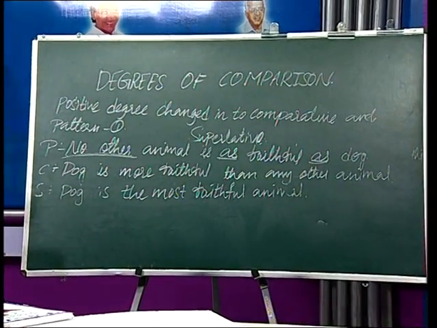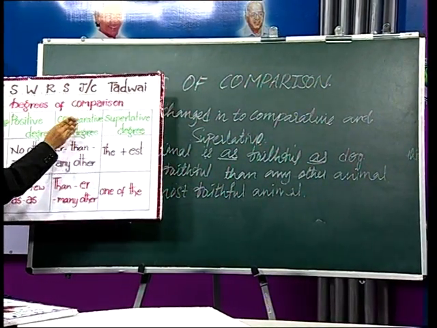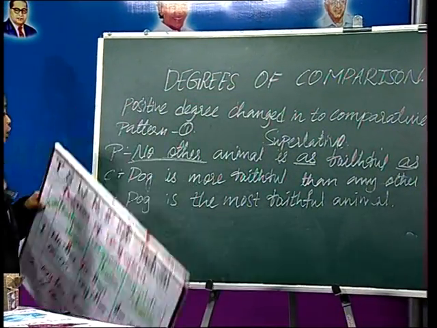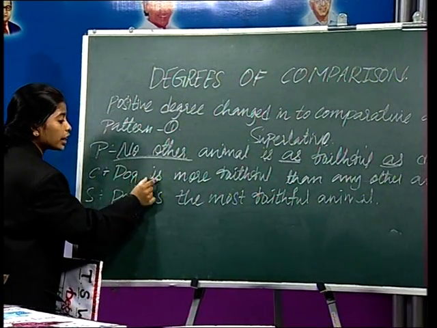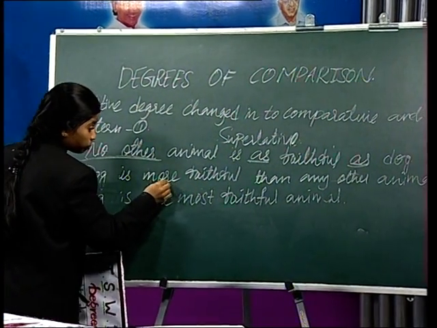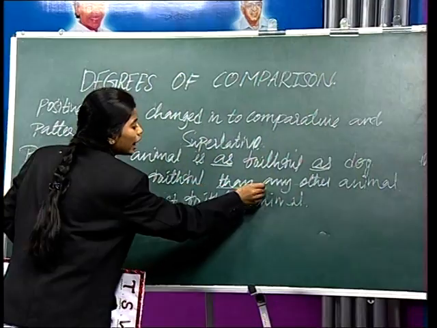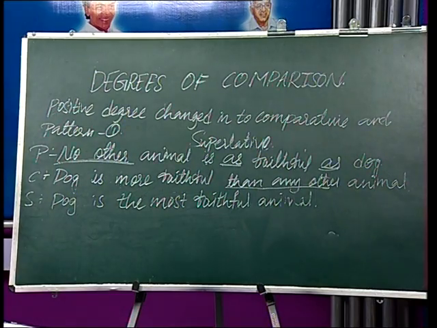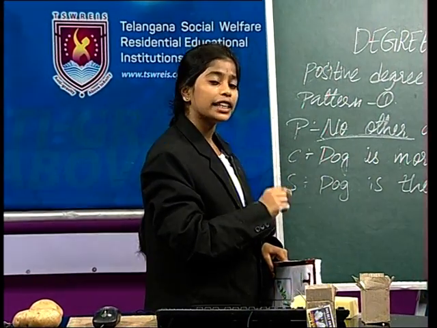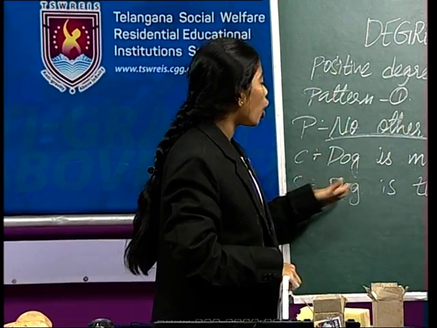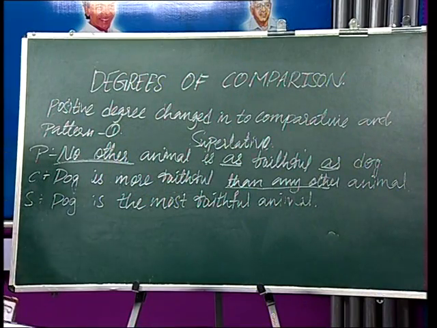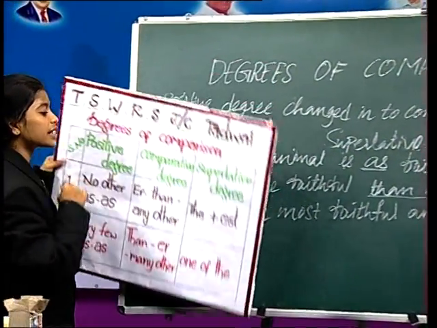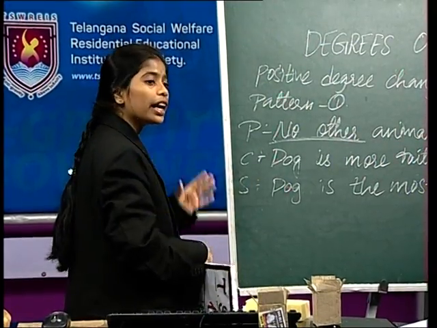And in the comparative degree, than any other is used. Dog is more faithful than any other animal. Here we are comparing two nouns in the comparative sentence. And in the superlative, dog is the most faithful animal. So friends, in the superlative degree, the and est are added.